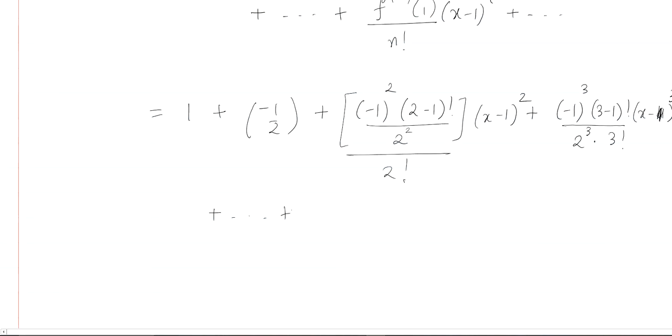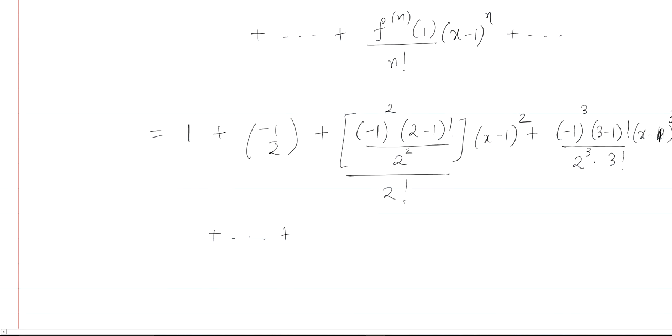Let's write down the nth term, which happens to be minus 1 to the power n times n minus 1 factorial divided by 2 to the n times n factorial times x minus 1 to the power n, plus dot dot dot.